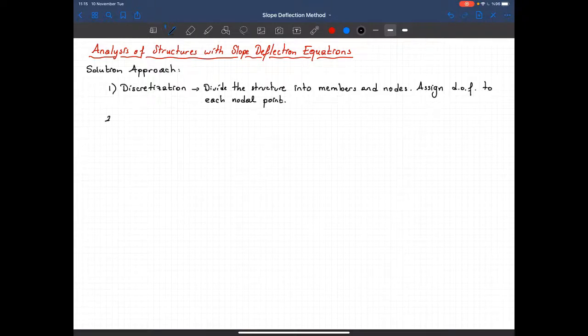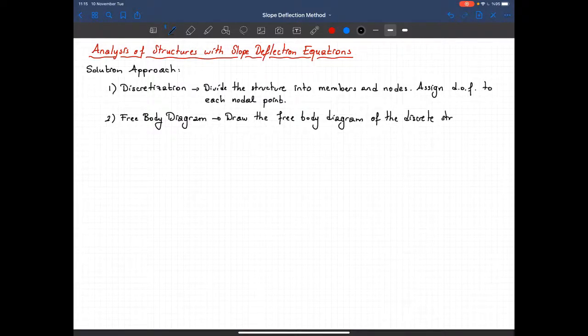The second step is the free body diagram. Draw the free body diagram of the discrete structure, right?